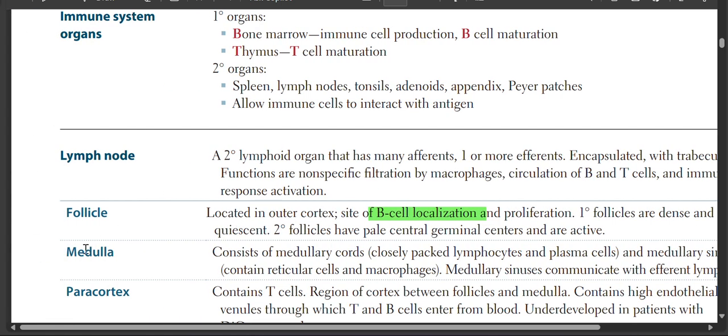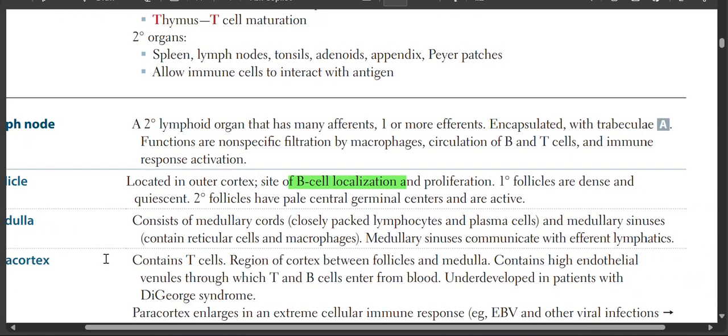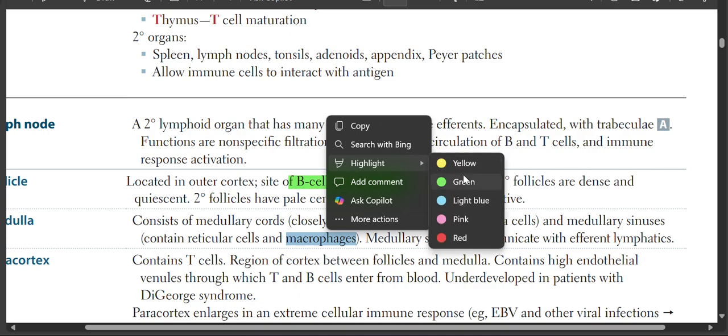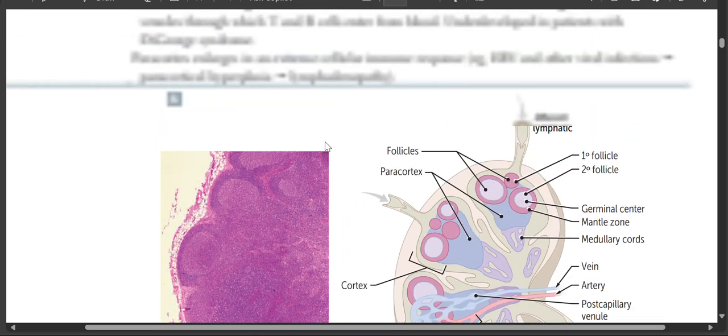Now let's move on to the medulla. Again, not a lot of cancers actively invade into the medulla, but there is one thing that you need to know about the medulla, and that is that the medulla contains the macrophages. So we said that the cortex, or the follicles which are in the cortex, contain lymphocytes, and then the medulla, somewhere here, would contain the macrophages.